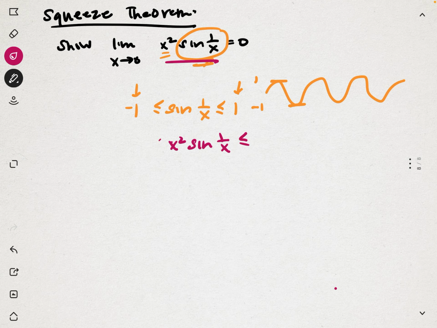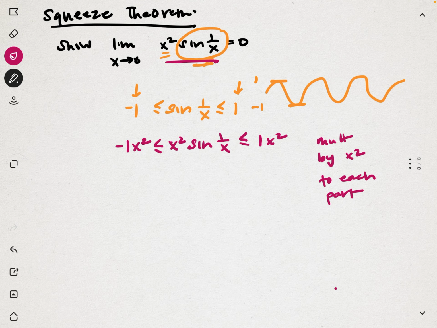What we do on one side, we do on all sides. So we're going to do -1 times x squared, and positive 1 times x squared. All we did here was multiply by x squared each part of our inequality, the left side, the right side, and the middle.